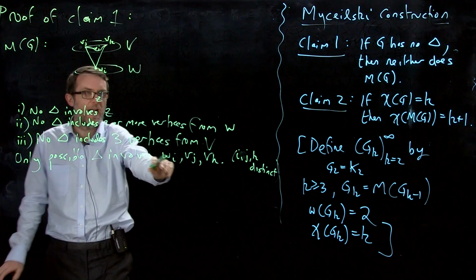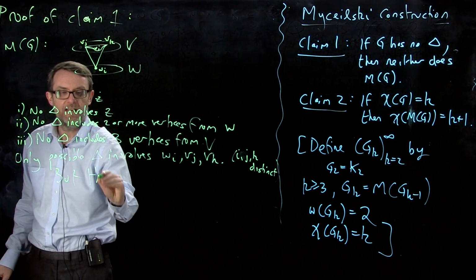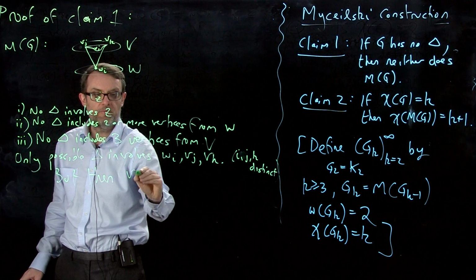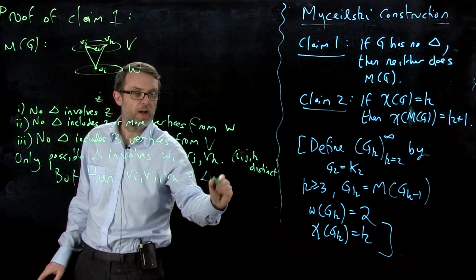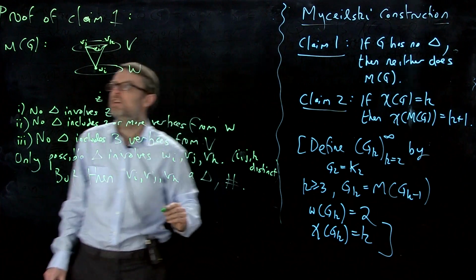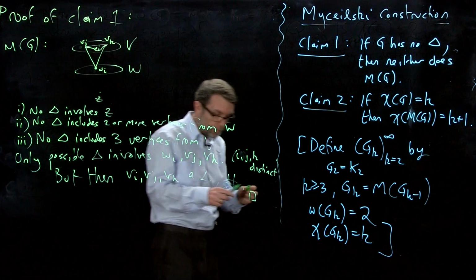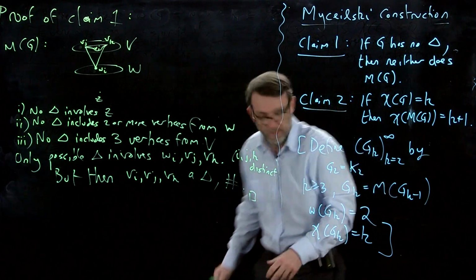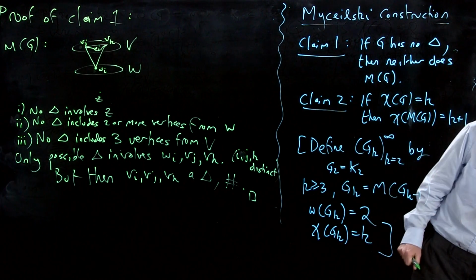So the only possible triangle involves these three, but then v_i, v_j, v_k is a triangle, a contradiction. So that proves the first claim, that we preserve the property of triangle-freeness. And now let's move on to the second claim.